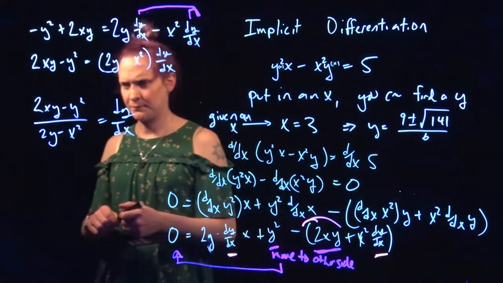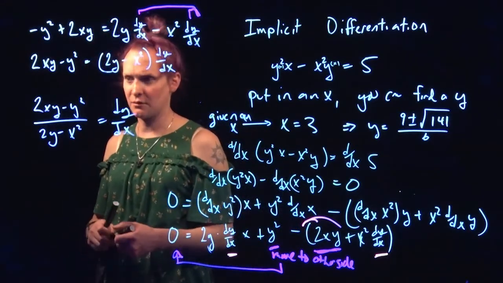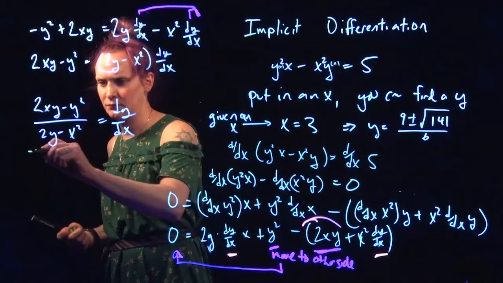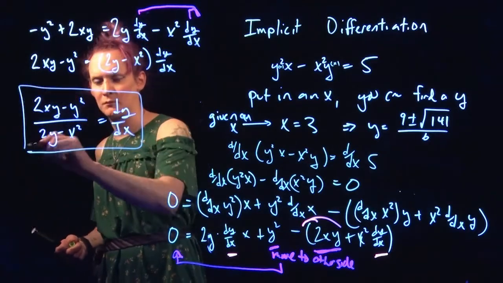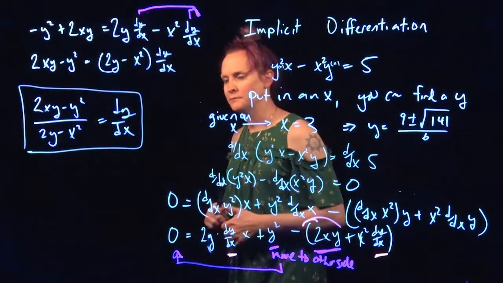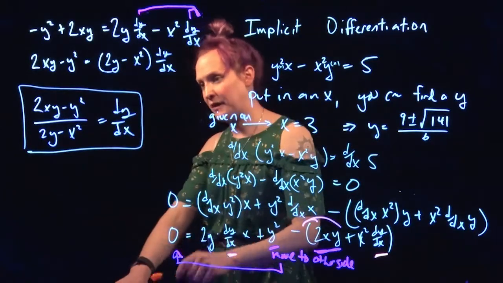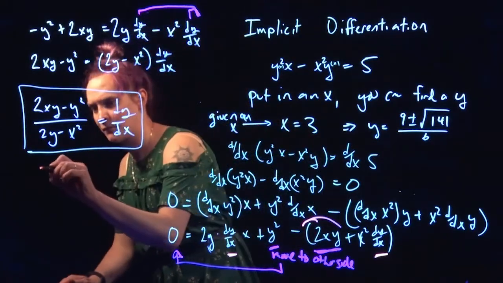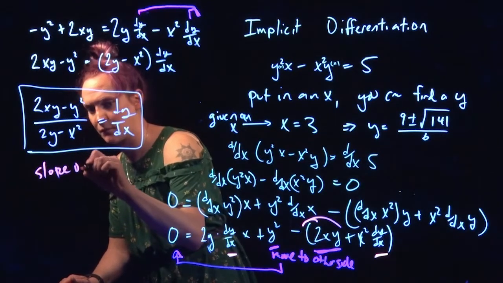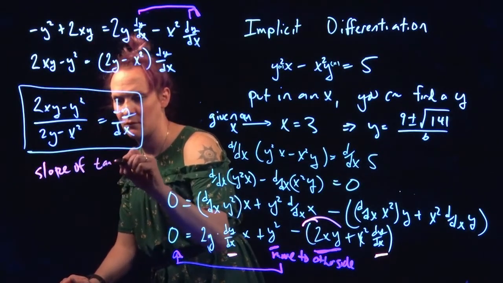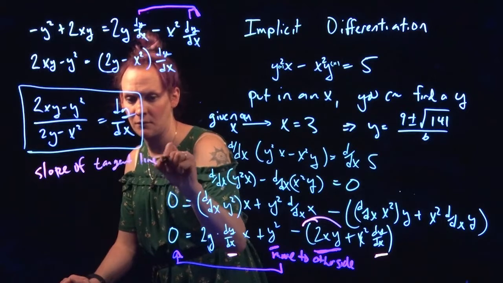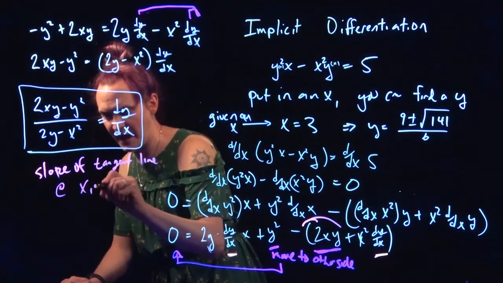So, this expression that I found tells me dy dx, or the slope of the tangent line, at some x, y.